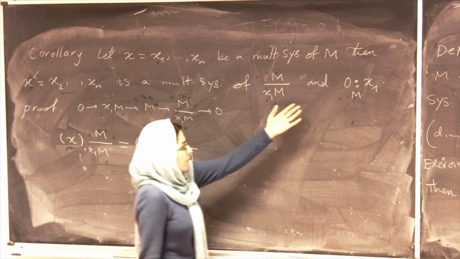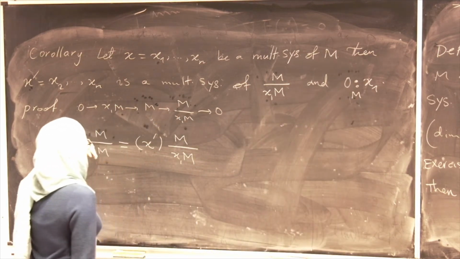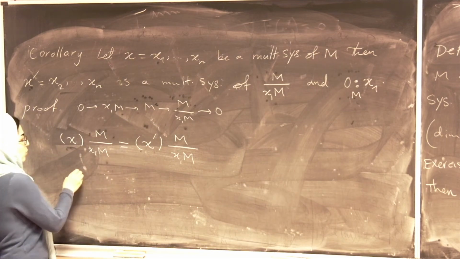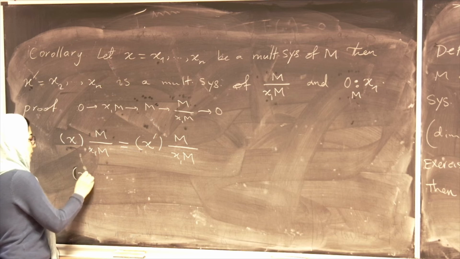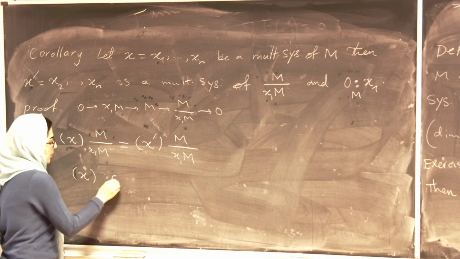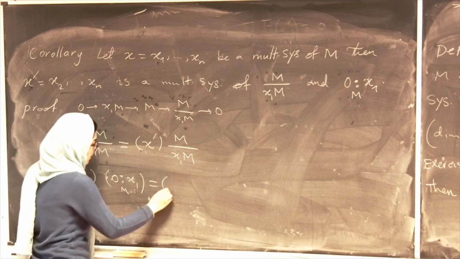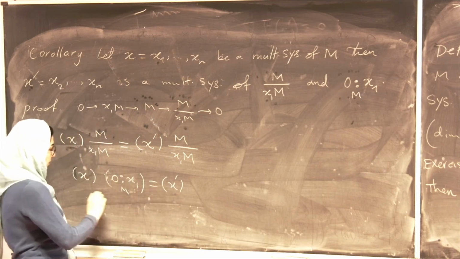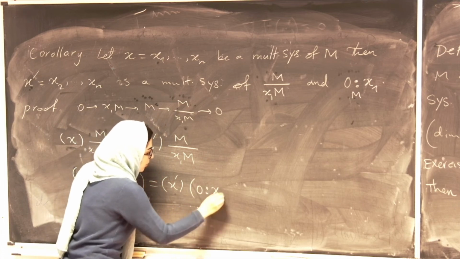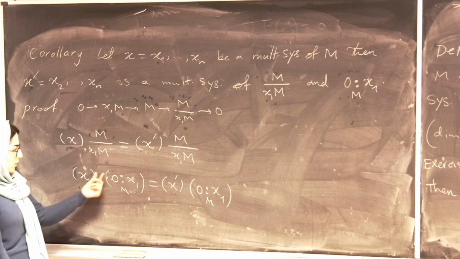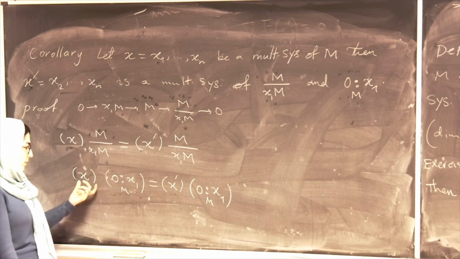And the same for this column. We have a short exact sequence that we can compare like here. Again, x times (0 :M x1) is the same as the ideal generated by x prime times this module, because again x1 times this module is 0, so it gives me nothing.